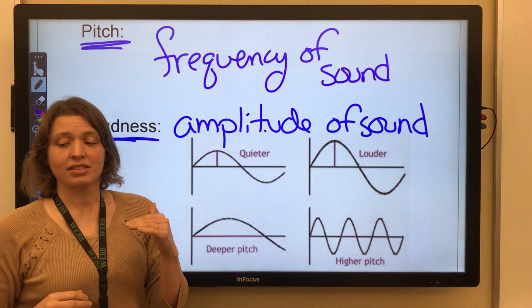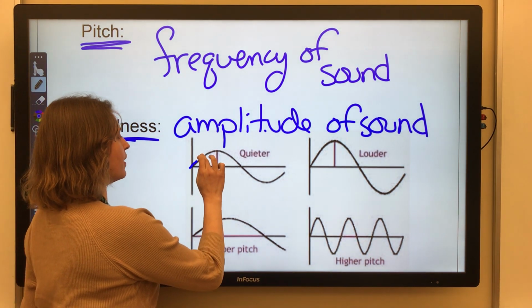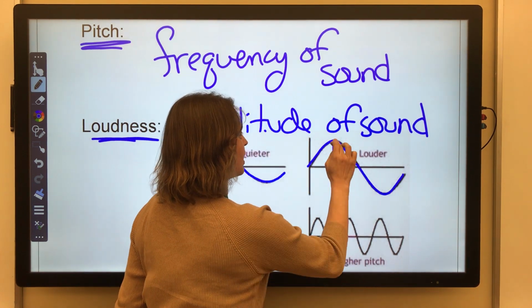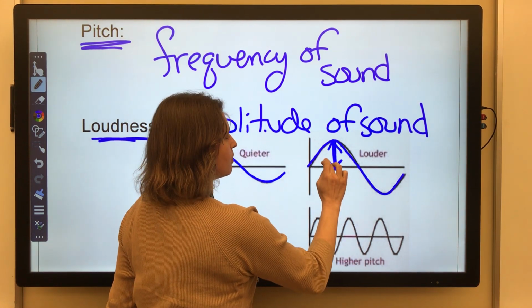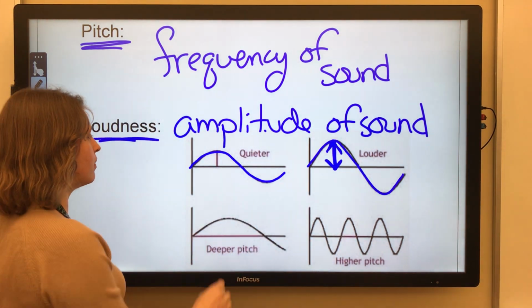That just means sound that has a high amplitude. So this would be an example of a quieter sound, whereas this would be a louder sound because the amplitude, that maximum height of the crest of our wave, is much taller.